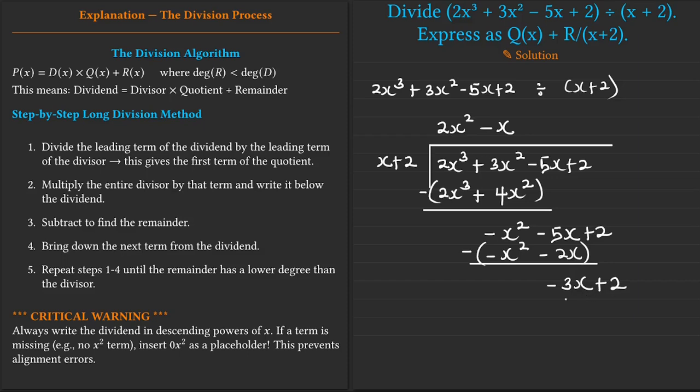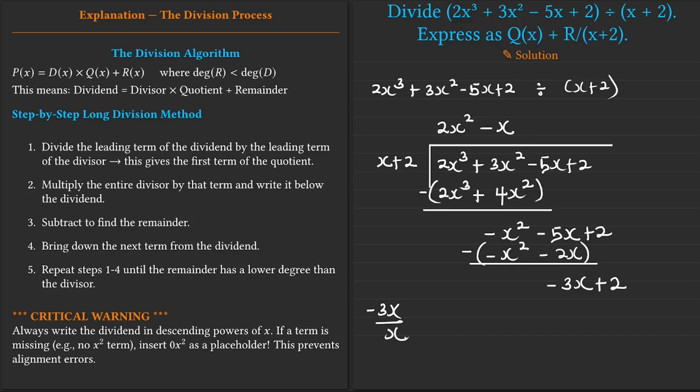And then we go over the process again. We have a negative 3x. That is our leading term right here. Let's divide it once again by this leading term. You realize that it is only the leading term we use to do the division, after which we multiply by all the terms.